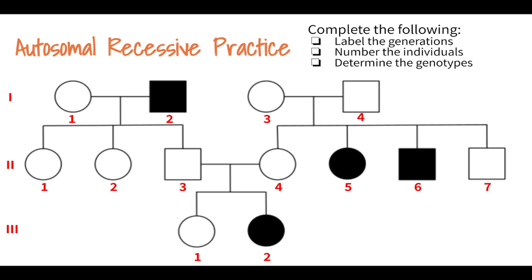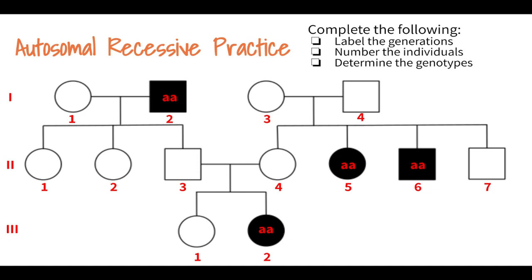Since this is an autosomal recessive pedigree, we always know our shaded individuals and what their genotypes are. Our shaded individuals are homozygous recessive, which means they all have 2 recessive alleles. Once we figure this out, we can work around the pedigree to figure out what other genotypes must be.